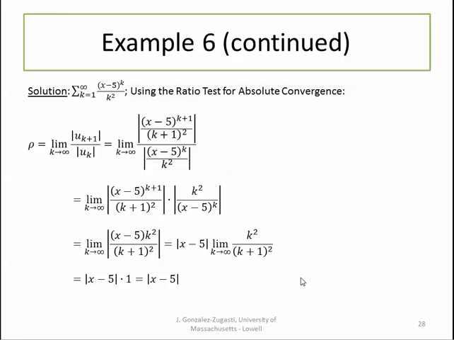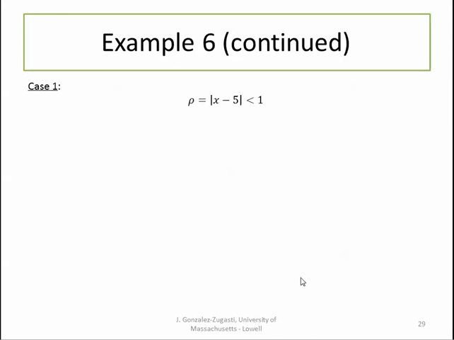All right, so now what we need to do is break it up into the 3 cases. In the first case, rho is going to be less than 1. Solving that inequality, that tells me that minus 1 is less than x minus 5, which is less than 1. Adding 5 across tells me that 4 is less than x, which is less than 6.